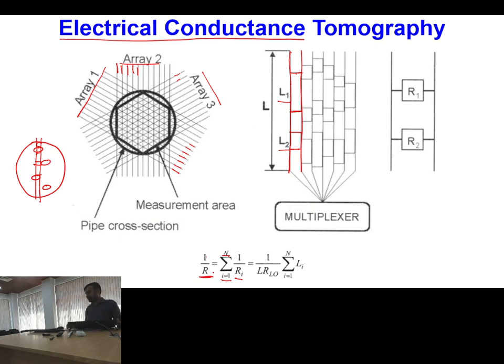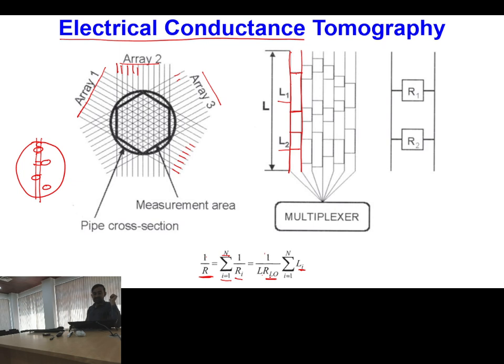Typically, the resistance Ri of each section can be written in terms of RLO, where RLO is the resistance of the total length if it is filled completely with one type of fluid. Depending upon the intermediate length, we will have the ratio Li by Lo.